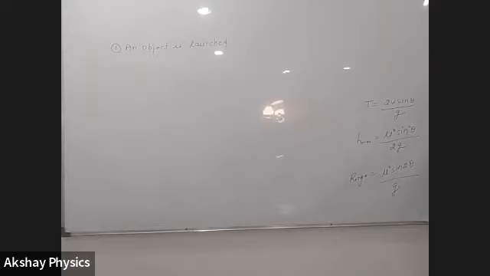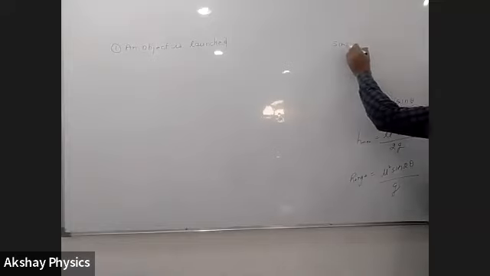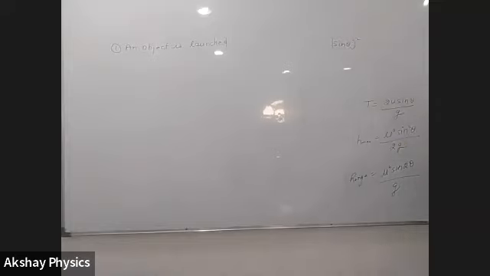Sine square theta. How do you write sine square? You just simply evaluate sine theta first and then square. So sine theta whole square it is. You put the sine theta first, which is squared.